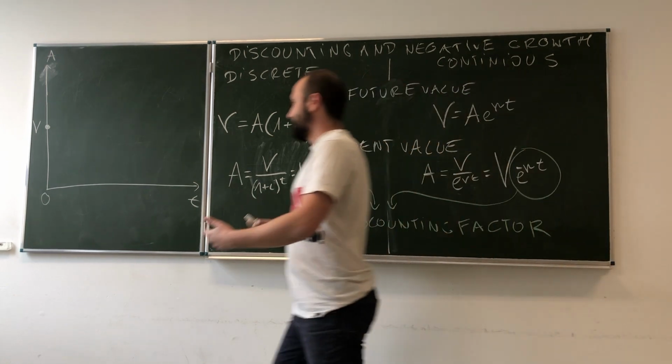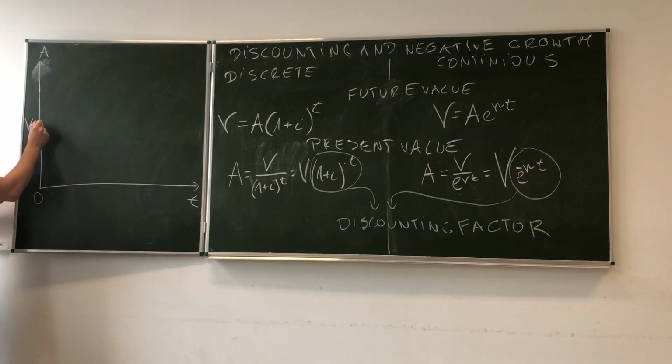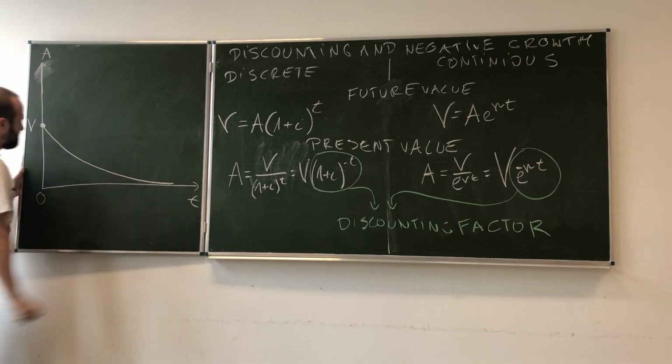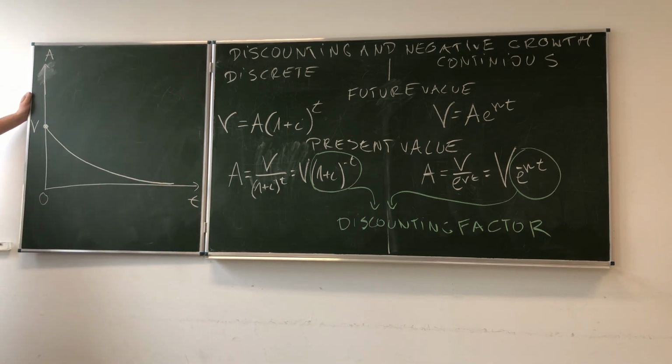As a result, the value of V, the promise of receiving money in the future, is getting lower the more time needs to pass before you receive this exact amount of money.